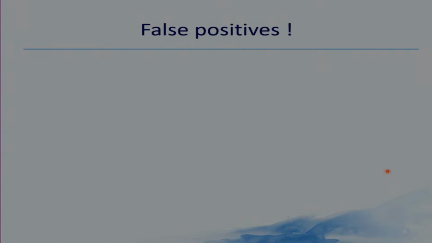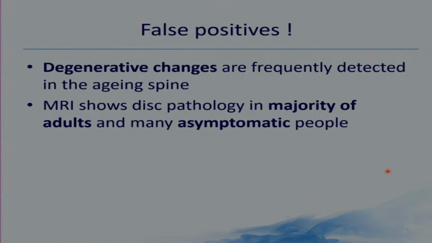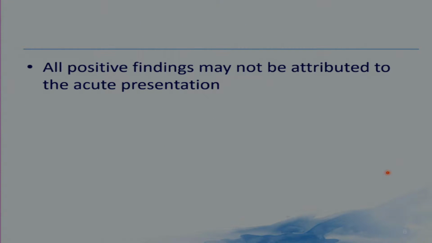On the other hand, degenerative changes are frequently detected in the aging spine. MRI shows disc pathology in the majority of adults and many asymptomatic people. So imaging is likely to result in an abnormal report. All positive findings may not be attributed to the acute presentation.